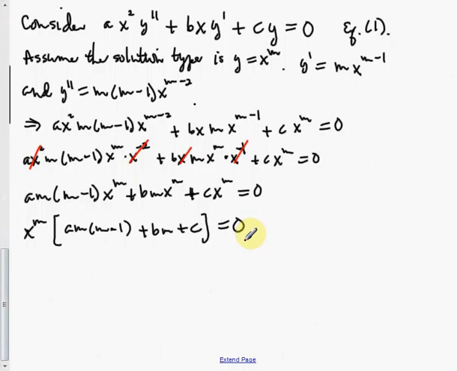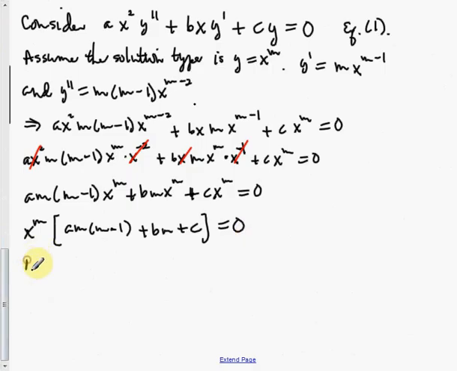Now, to ensure that we have a solution of the polynomial form, we assume that the solution is on the open interval from 0 to positive infinity. If you don't have that, then we have one point where we get into some trouble. So if we assume that, then we're fine.